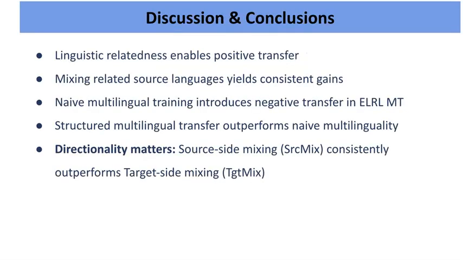Coming to the concluding part, linguistic relatedness enables positive transfer. Mixing related source languages yields consistent gains. In the evaluation study, we also ran a vast number of experiments by changing the source languages from different families to different scripts, and we found that languages within the same language group and with the same script perform much better compared to intra-family relation.